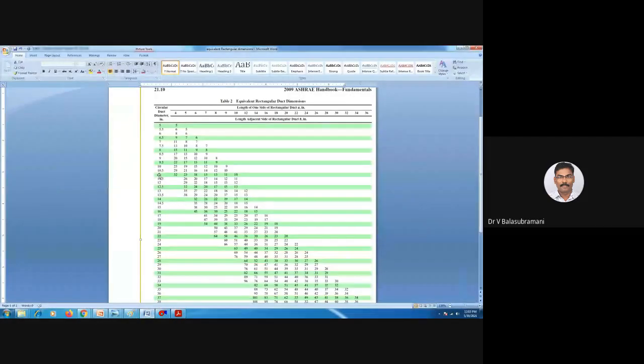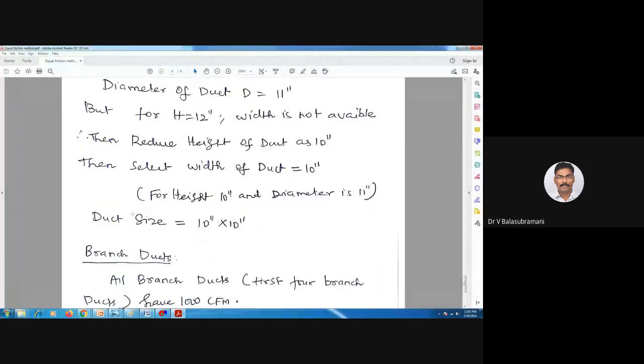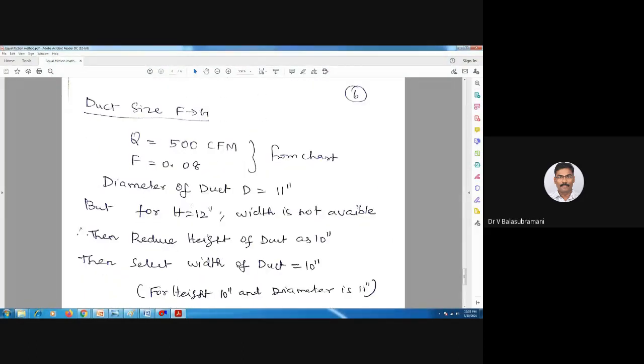For an even diameter, 11, no other values are available for 12. Once again, you have to go for a 10. So 10 cross 10, one side is 10, another side is also 10. So a square duct is selected. This is the duct size for my last one, F2G.